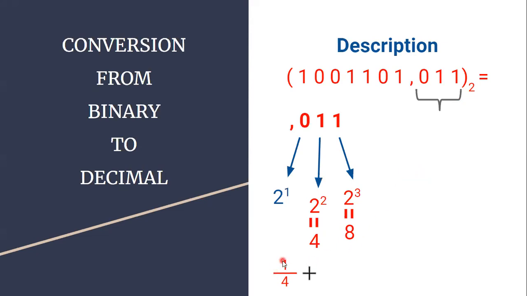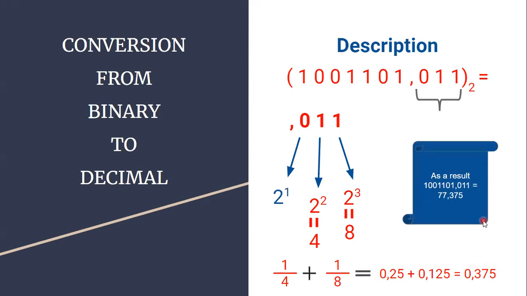Be careful, I don't get 4, I get 1 above 4. I invert 4, and also 8, 1 above 8, and I add them. So the sum is 0.25 plus 0.125, so I get 0.375.